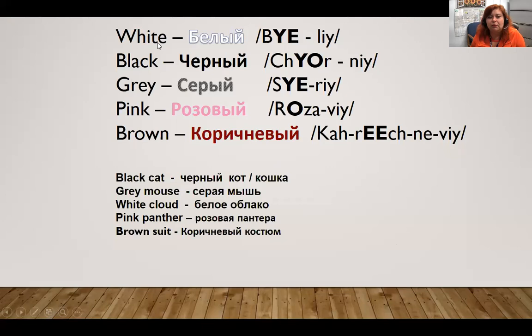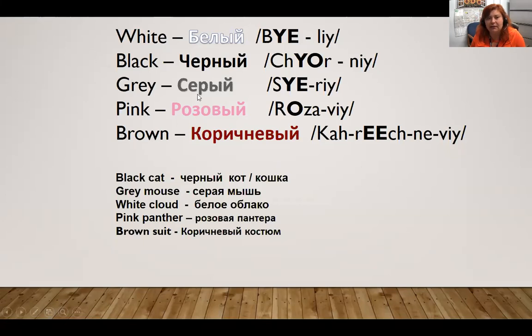For example, white. Well, it's one of the colors of the spectrum, but we can see it. Белый, white. Черный, black.